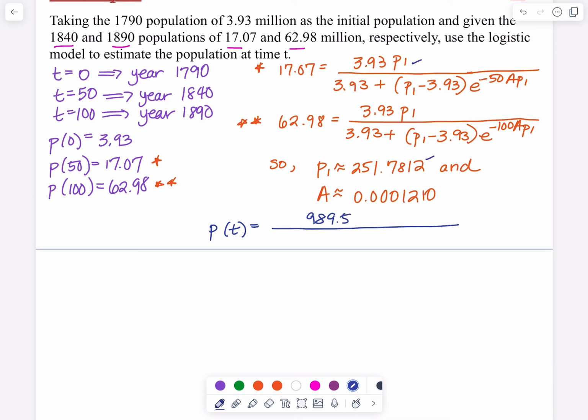That's this P1 multiplied by 3.93 divided by 3.93 plus 247.85 e to the negative 0.030463t. Okay, and that's where we multiplied 100 multiplied by A multiplied by P1.